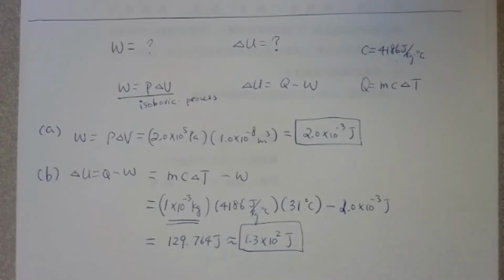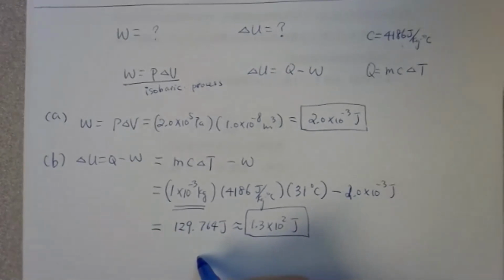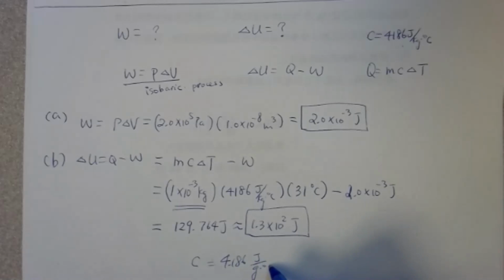Yeah. So as I said, it's safe to always convert to the SI unit and then get the answer. And then if the question specifically asks you to answer in a certain unit other than SI, you can convert to that unit. But sometimes you might see C given not in those units, say 4.186 joules per gram degree Celsius.